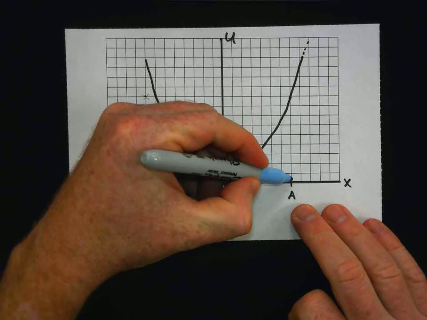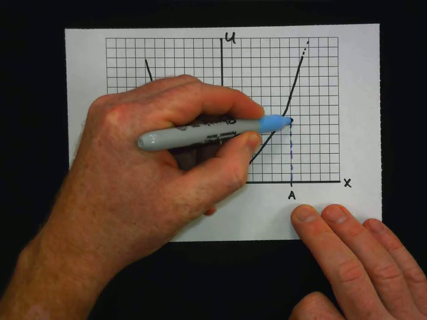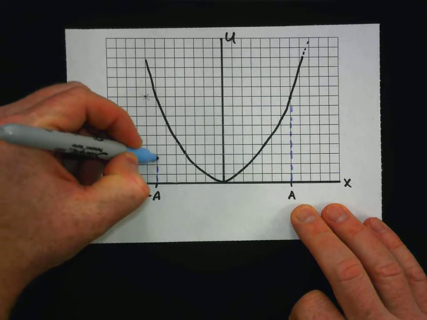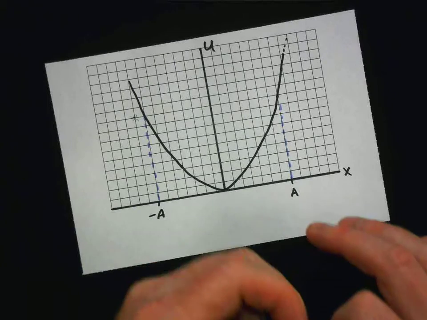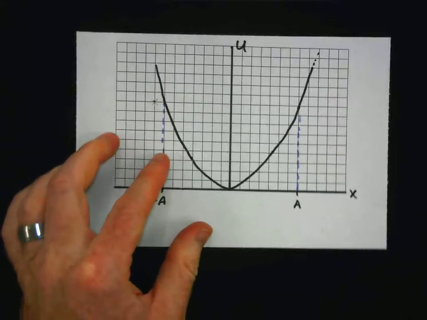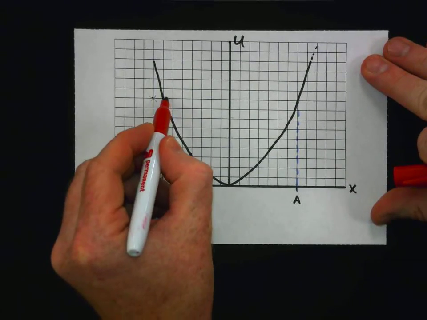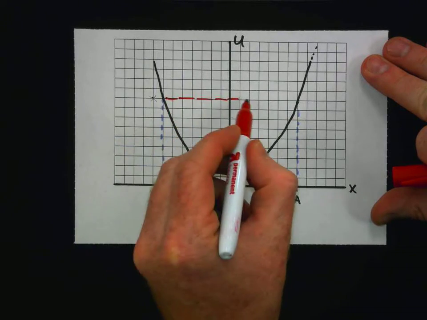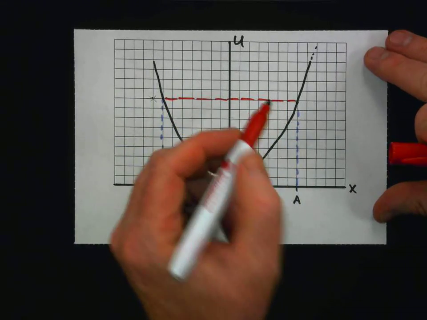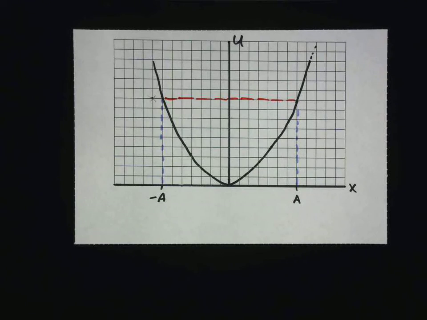At maximum amplitude, right here, and here. That's as far as this thing oscillates back and forth. Well, what that does is it sort of defines a maximum amount of potential energy for this mass on the spring. Right there.